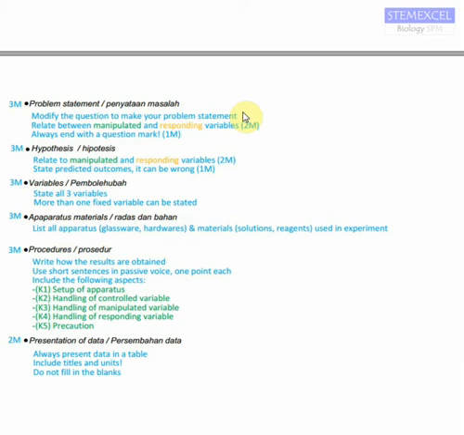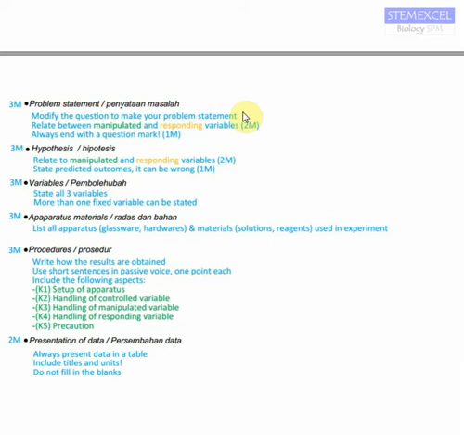Also, the problem statement has to always be in the form of a question, whereby you begin with a question word such as why or what, and always end it with a question mark. So if you have all of these 3 criteria, you should be able to have full marks for this part.